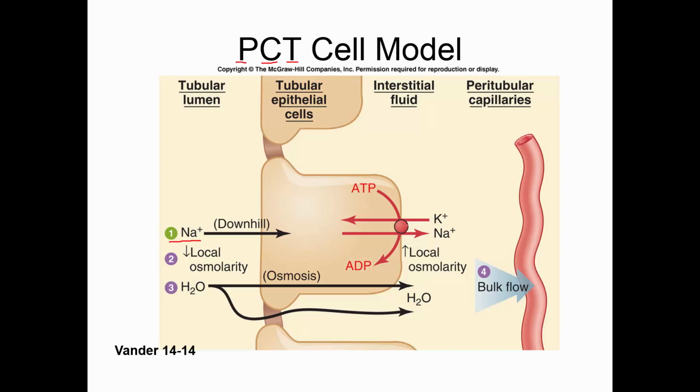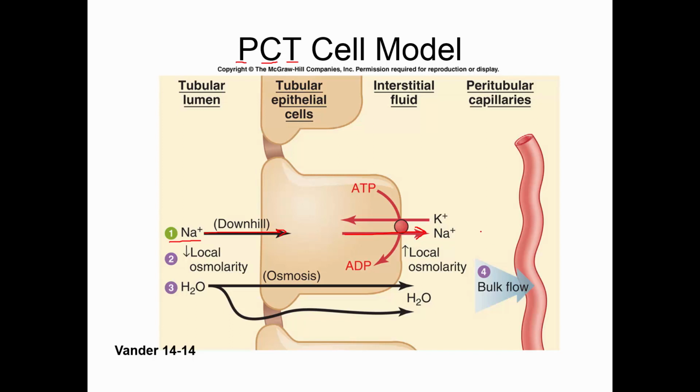On the basolateral side of the cell, we have our sodium-potassium ATPase, and so we are using ATP to pump out the sodium. As we pump out the sodium, we create a gradient for sodium to come in along its gradient. So here's the deal. We have sodium out in the tubule. It follows a gradient that was created by the sodium-potassium ATPase.